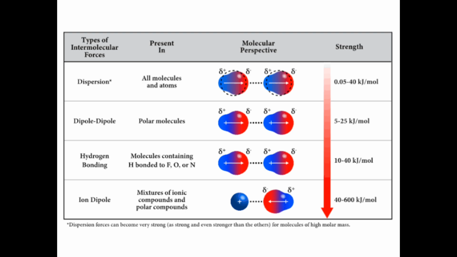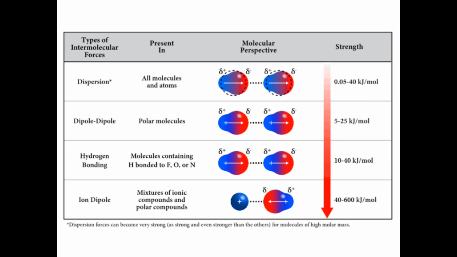So, for intermolecular forces, we could have dispersion. We also call it London dispersion force. London dispersion force is present in all molecules and atoms, and this is the molecular perspective of it, where you have partial positive and negative charges that are created within those molecules.